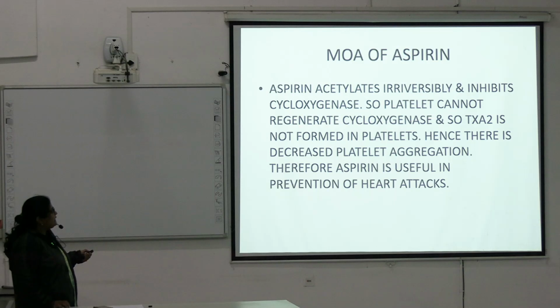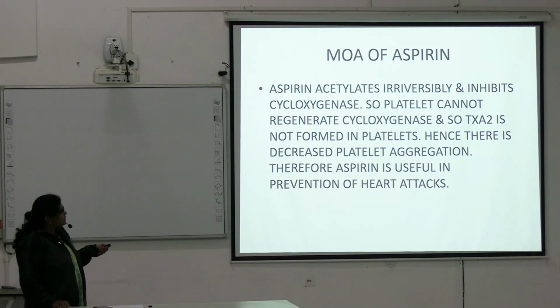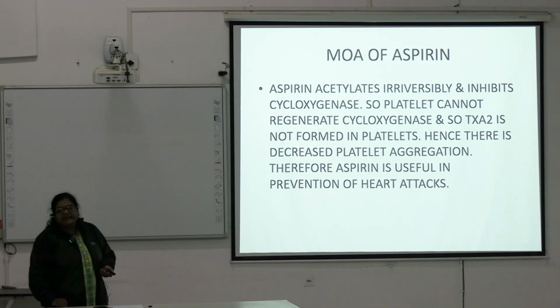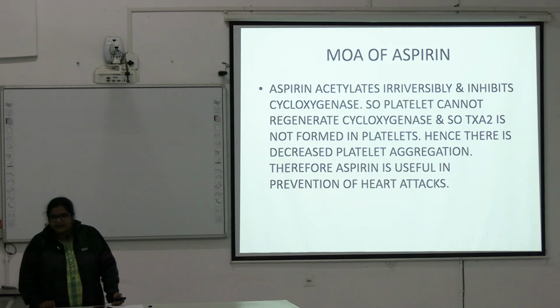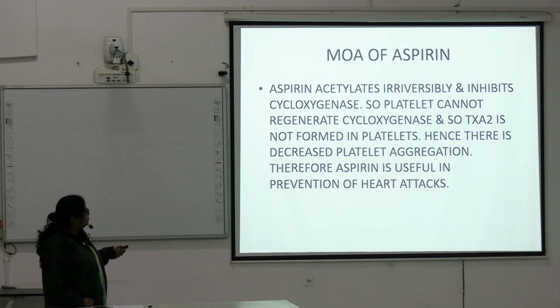So the platelet cannot regenerate cyclooxygenase, as it is inhibited by aspirin, and it is an irreversible process. So thromboxane A2 is not formed. If the enzyme cyclooxygenase is inhibited, then the prostaglandins, thromboxanes and prostacyclins will all be reduced because there is no synthesis of them.